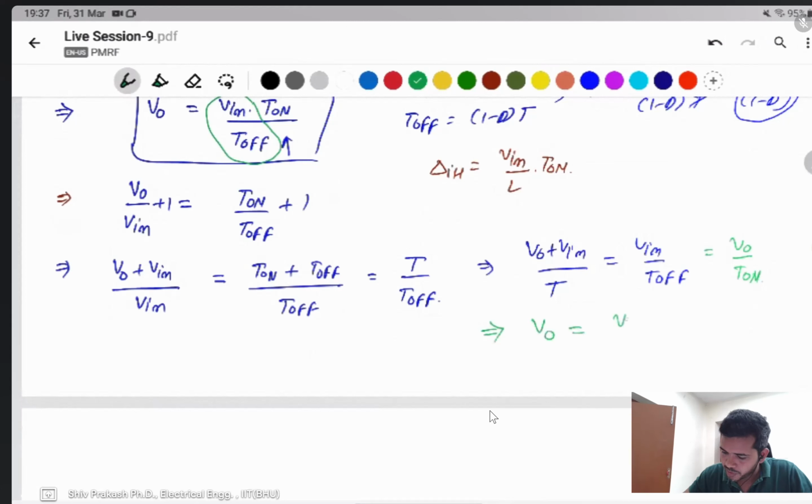V output is equal to V in divided by T into T on.